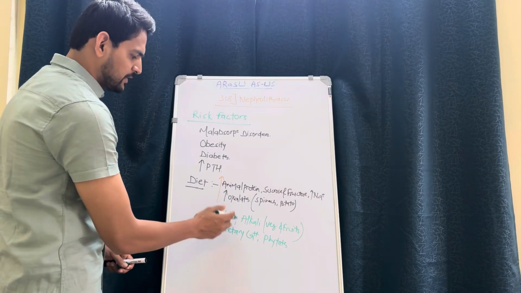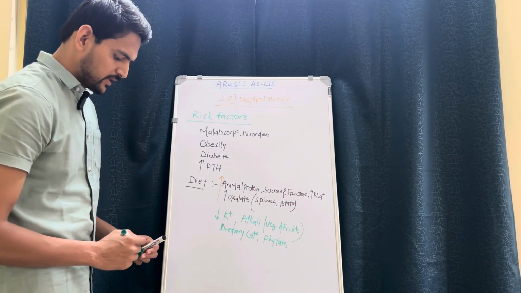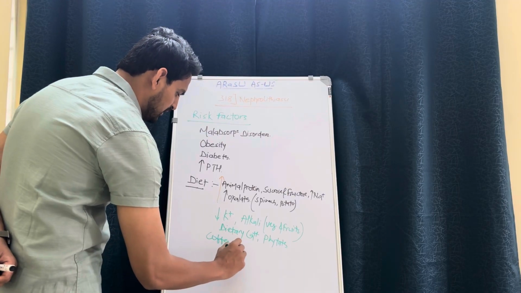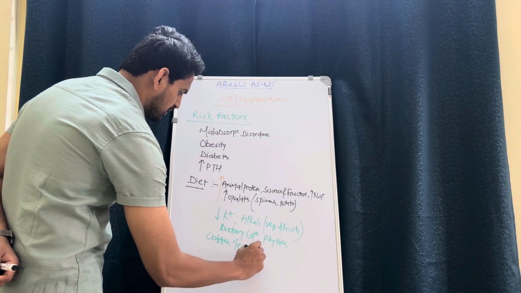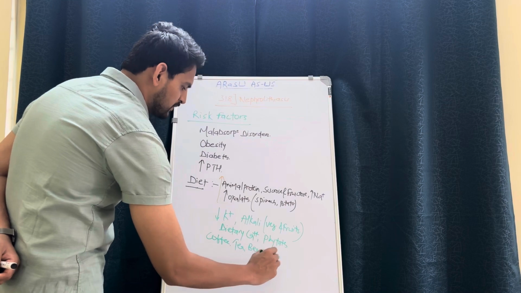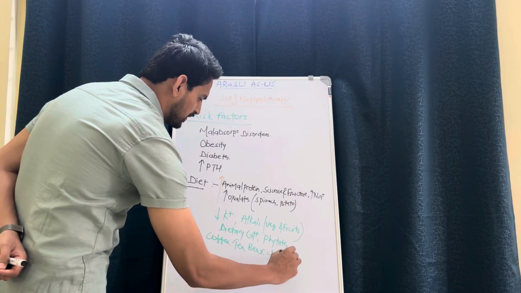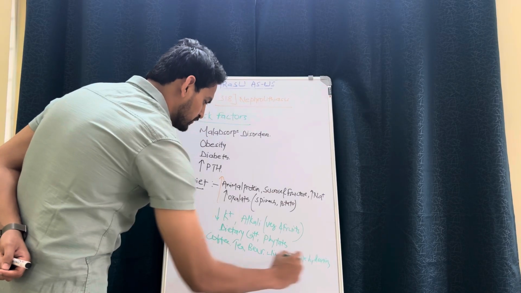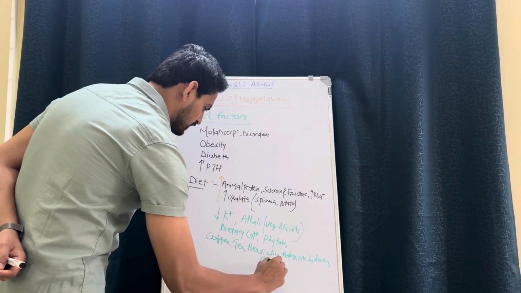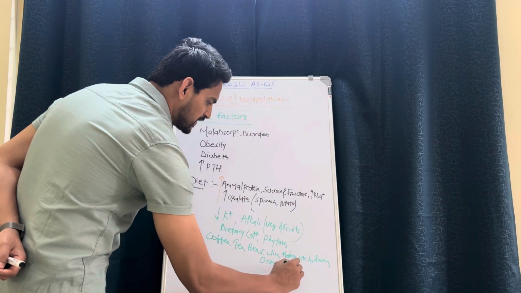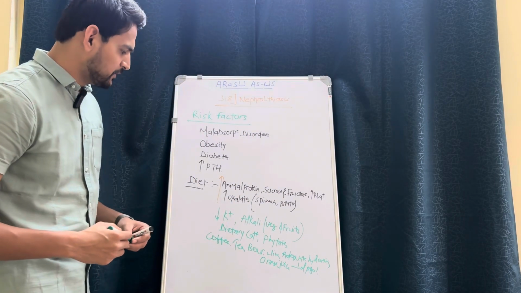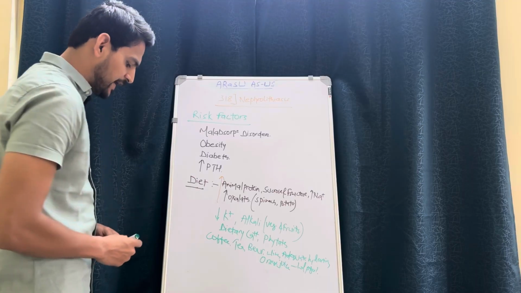So these will reduce the chances of kidney stone formation. Coffee, tea, beer, wine, and adequate hydration. Even orange juice are considered as helpful in relation to nephrolithiasis. So this is about diet.